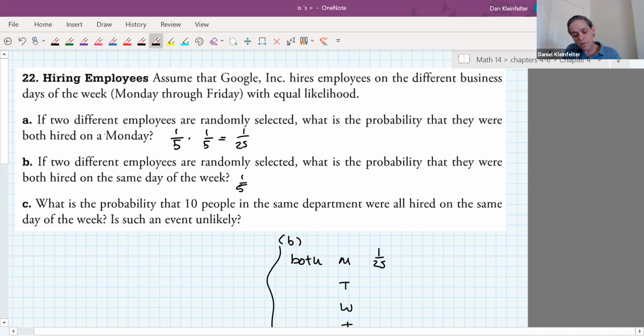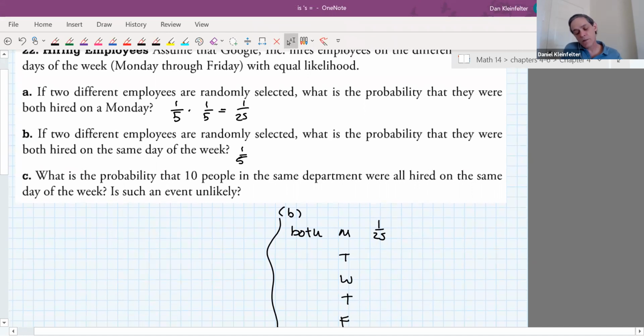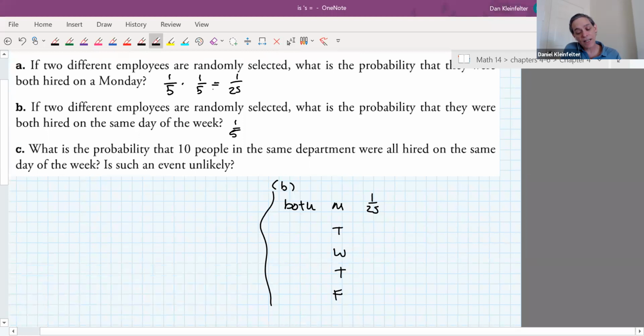Okay, so the probability that the two people were hired on any one given day is 1/25. So that's true for every weekday. And since these are all mutually exclusive options, we don't have to worry about any overlap. So that means that we can just add together their probabilities.